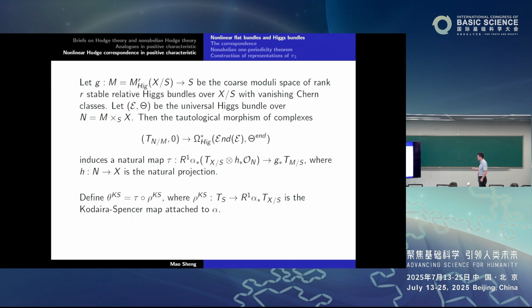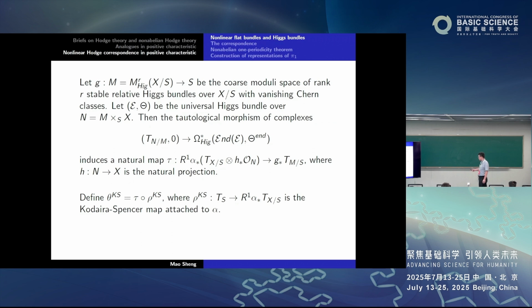And now we also have the counterpart on the Higgs side. On the Higgs side, you have the relative Dolbeault moduli space, which parameterizes stable Higgs bundles with vanishing Chern classes, and using the universal objects, we can define some tautological non-abelian Higgs field.